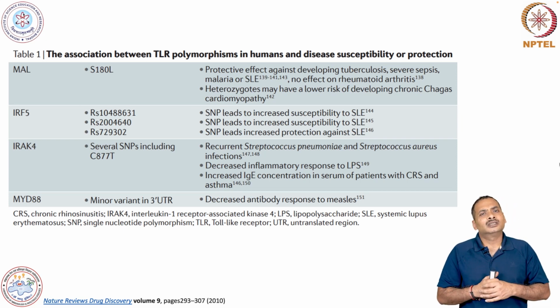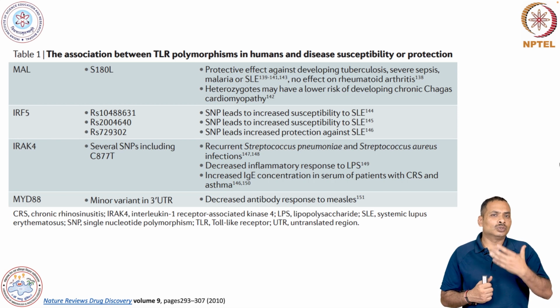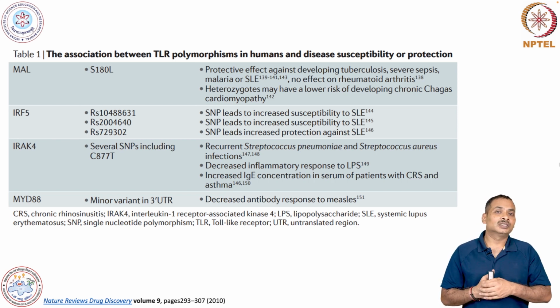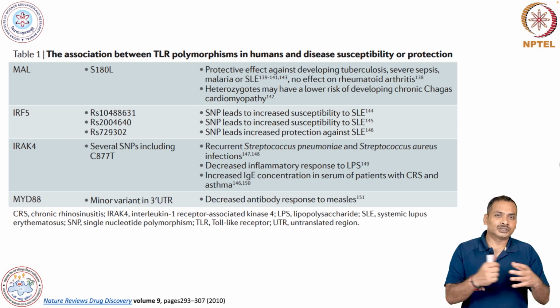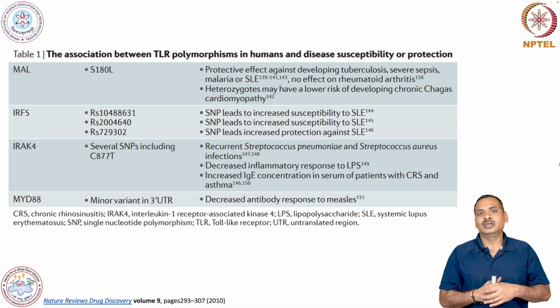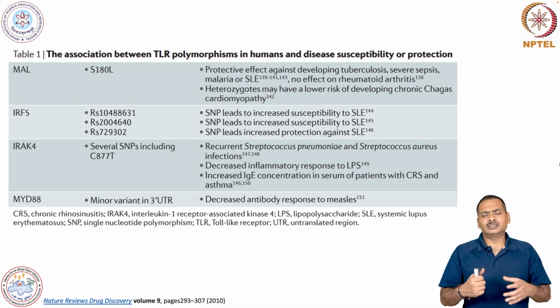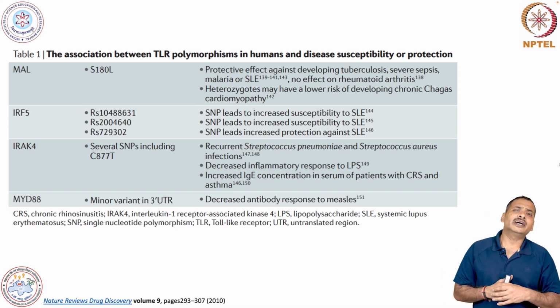There is more release of mucus from the nose, a stuffy nose, and all those things, and it is not getting cleared, so then we call it a chronic condition. And this is also associated with IRAK4.